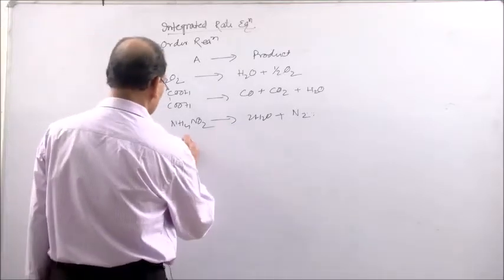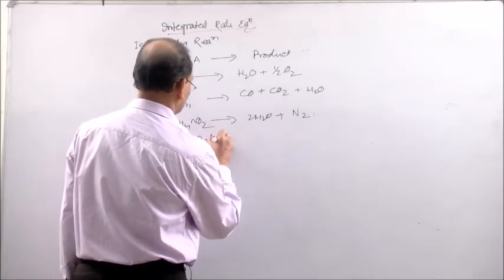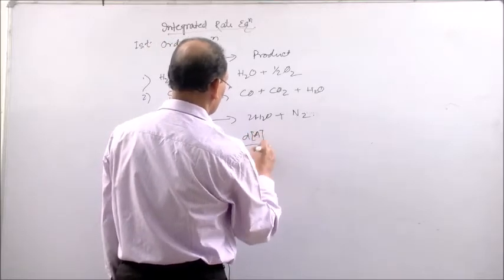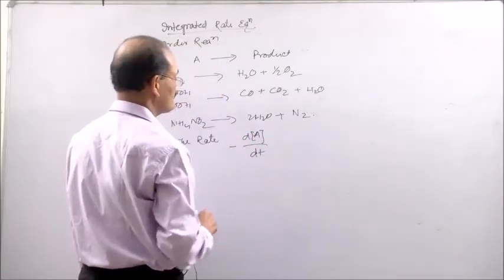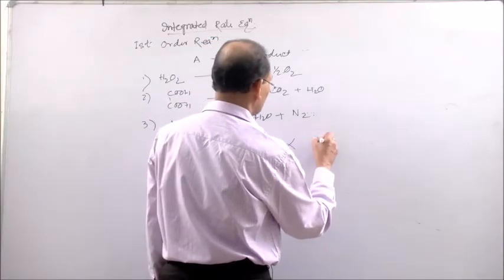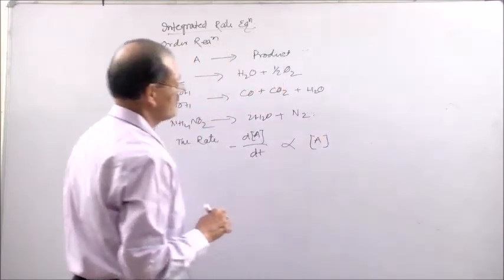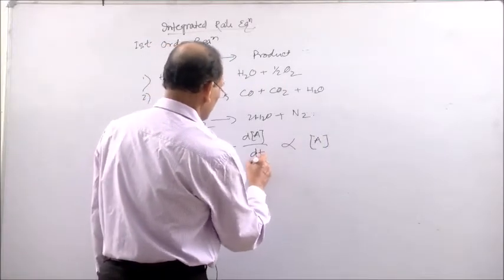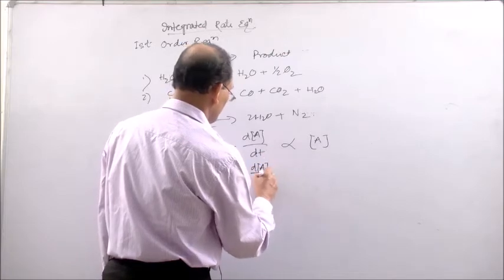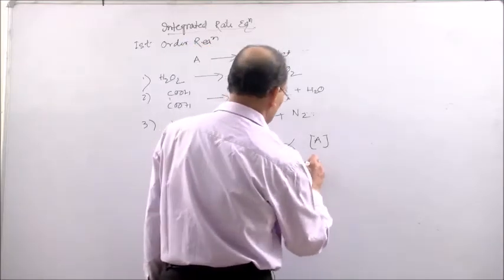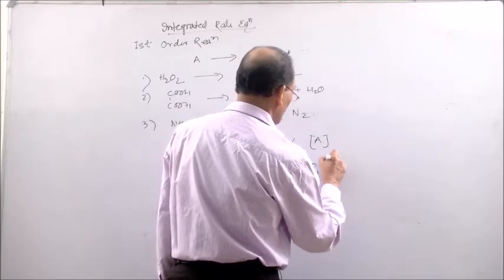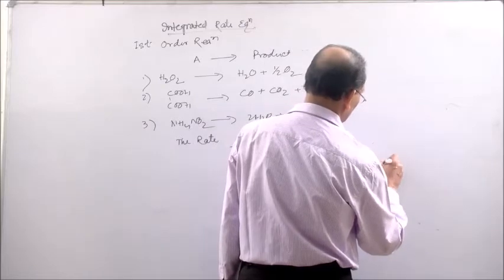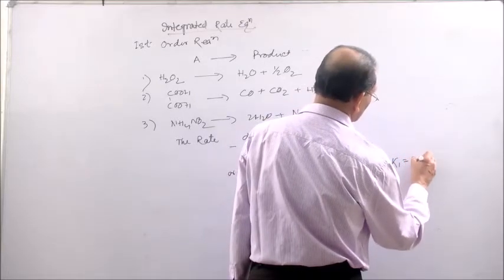That means the rate, taking a general equation, dA by dt, whose concentration is decreasing, is directly proportional to the initial concentration, or dA by dt is equal to K1. K1 here is taken as a first order rate constant.